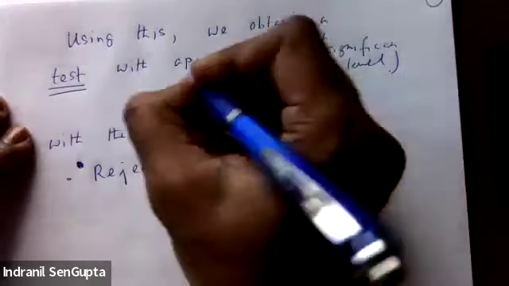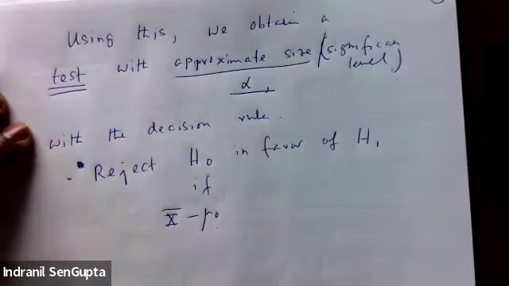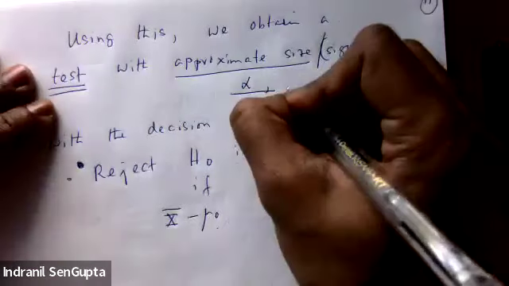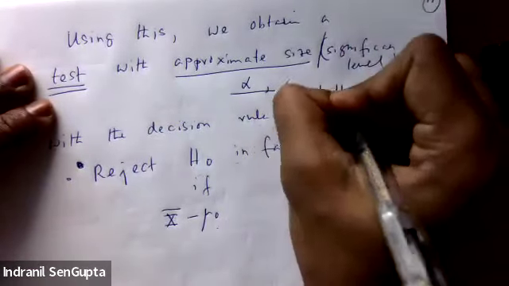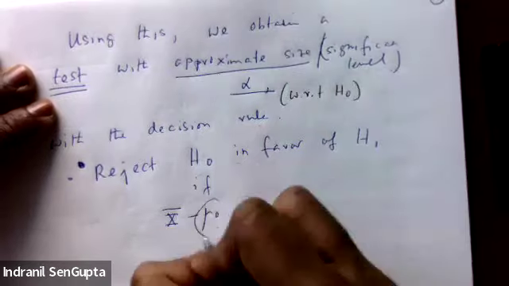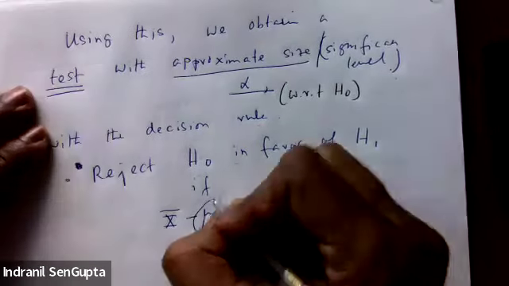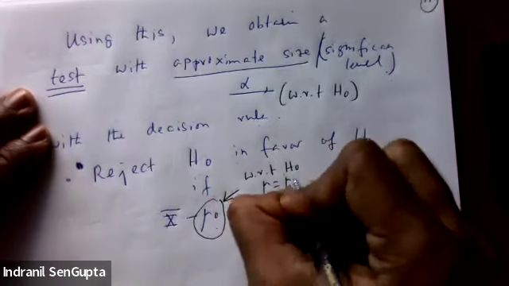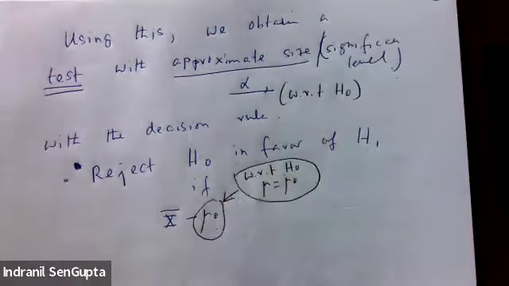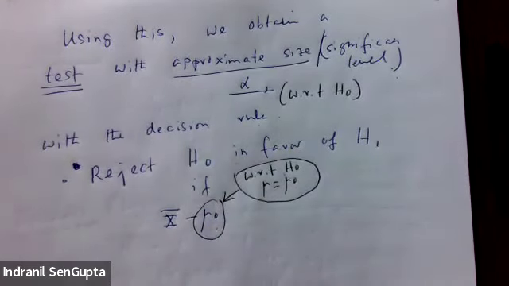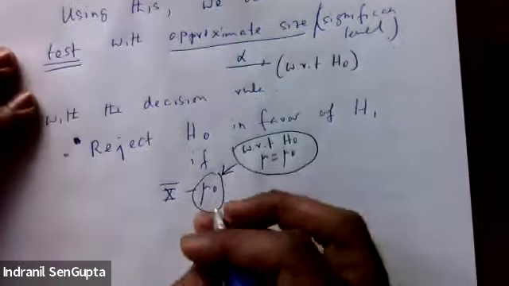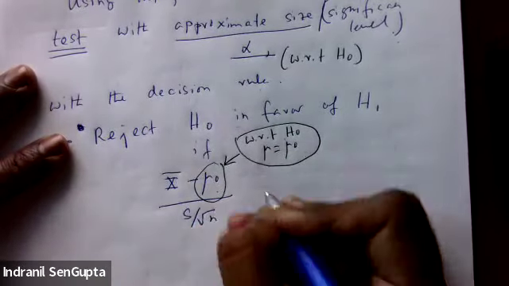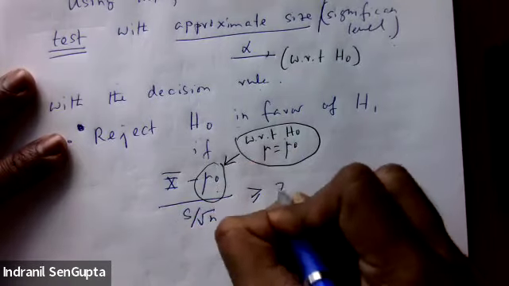Remember this approximate size of alpha: everything is with respect to the null hypothesis, H0, and hence we write mu zero. With respect to H0, mu is mu zero. So this is over S over square root of n is bigger than some z of alpha.